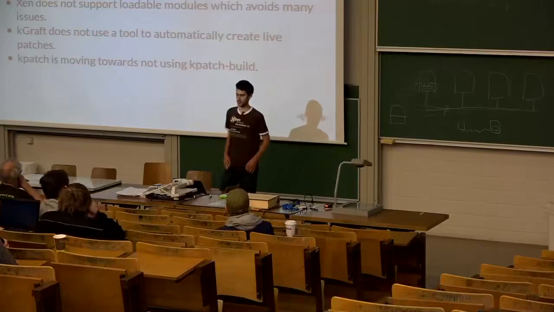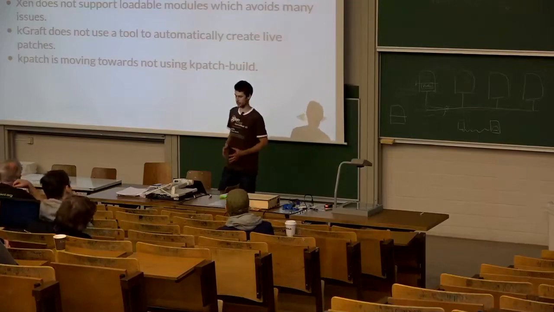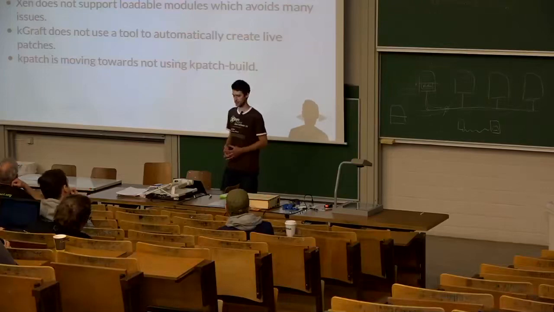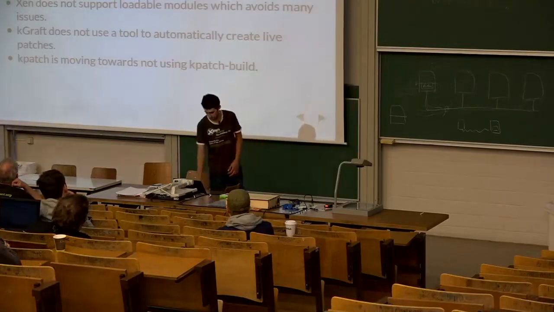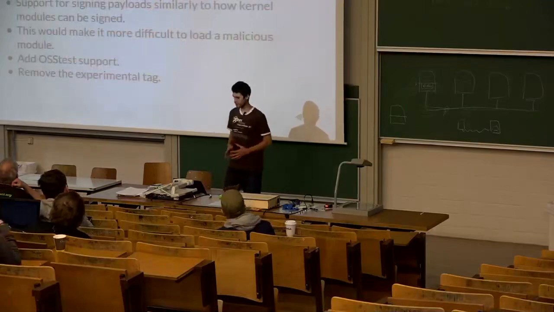As far as I know, Kpatch themselves, even though they created this tool that we repurposed for Xen, I believe they're also moving towards not using it for some reason or other, because as far as I can tell, it's still a lot easier than creating this by hand. So that's where we're up to.